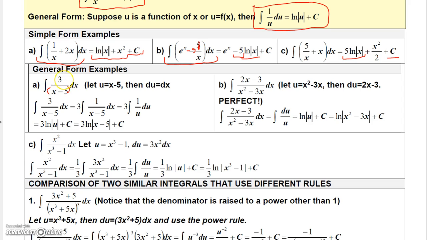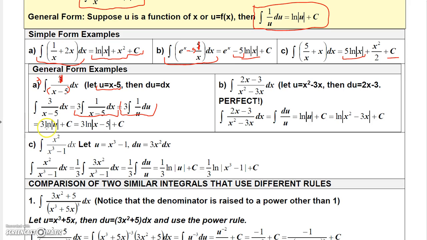Actually, I have 3, but you can pull the 3 out here and think, okay, well, that's just 1 over x minus 5. So if I were to let u equal x minus 5, then du would simply be dx. So with the 3 pulled out, this is just 1 over u du, with a 3 on the outside, and you know how to integrate 1 over u du.